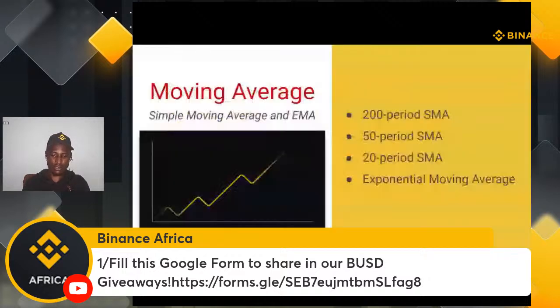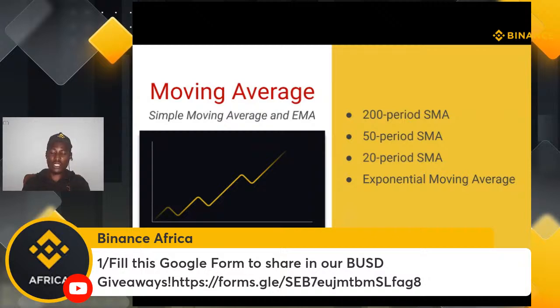Let's move on. Now, I want us to go into the technical indicators proper. The first one I'll be looking at is the moving average, which is simply referred to as the simple moving average. There are two main types of moving average: the simple moving average and the EMA, which is the exponential moving average.